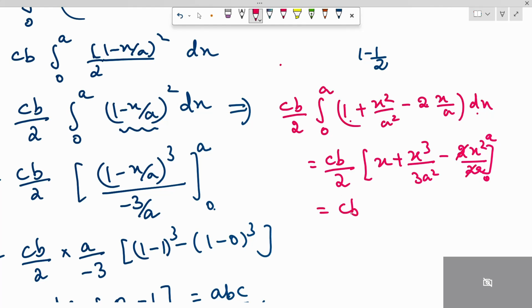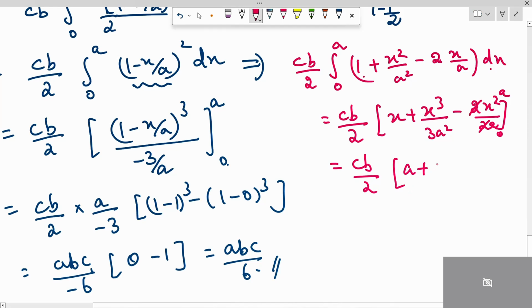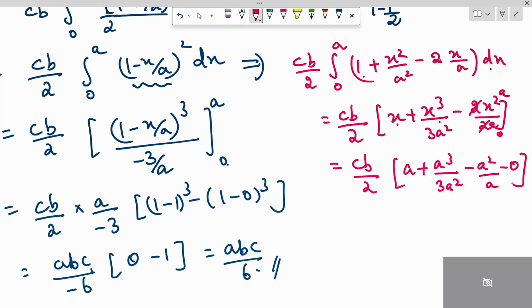Now substitute the upper limit value a in x here, a plus a cube by 3a square minus a square by a. Then apply lower limit value 0 here, all the 3 terms values are 0.